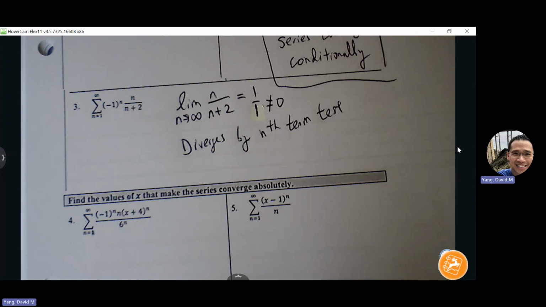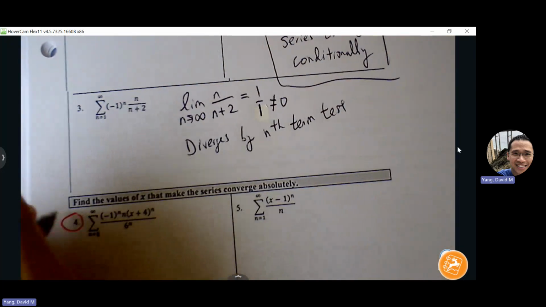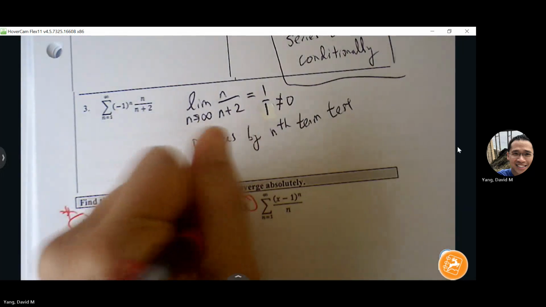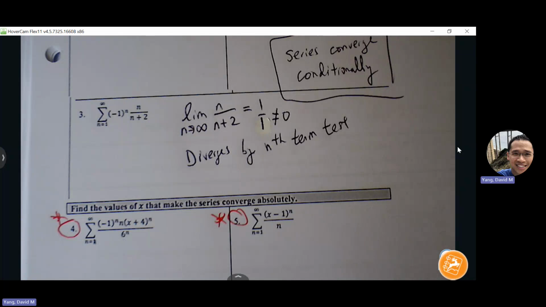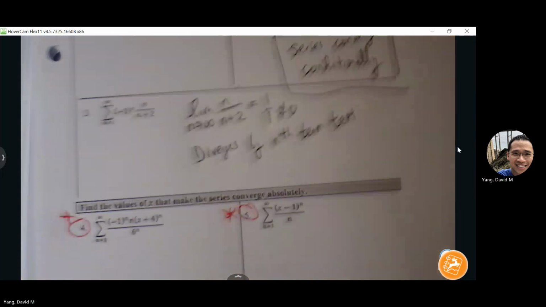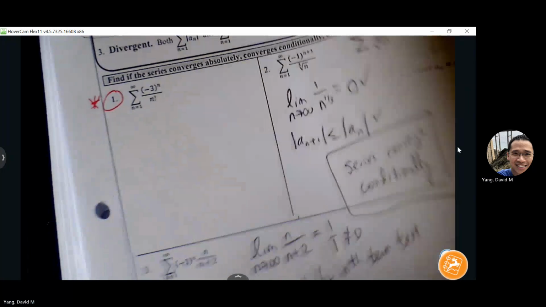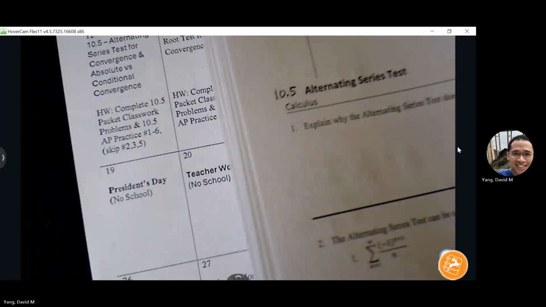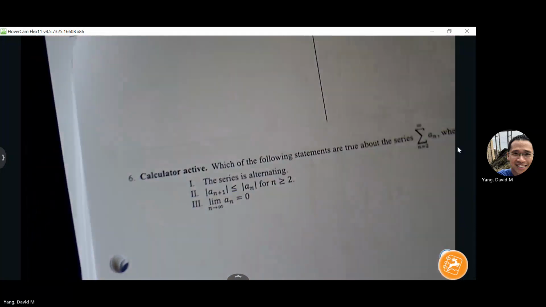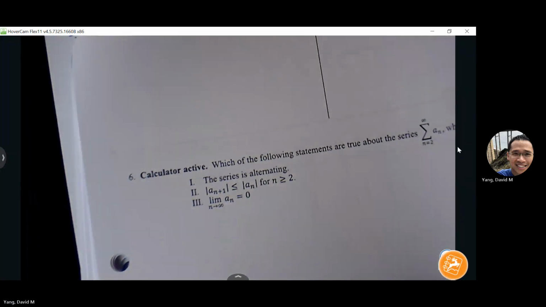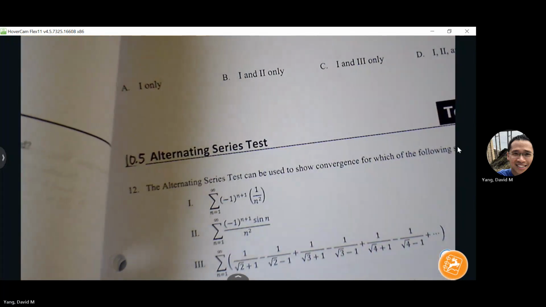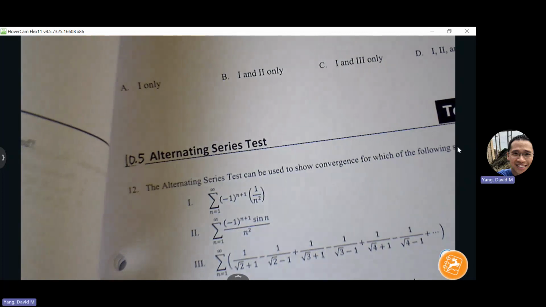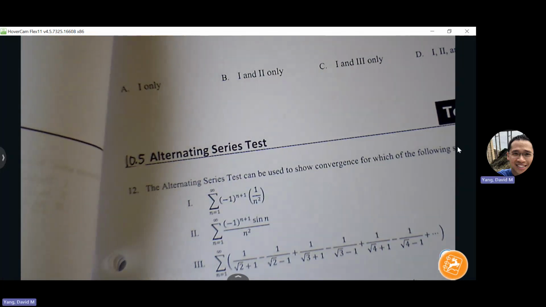Numbers 4 and 5 are out of place. This requires a ratio test. We'll come back to these tomorrow. We're not going to do them just yet. Anything with factorials, we don't know how to do that just yet.